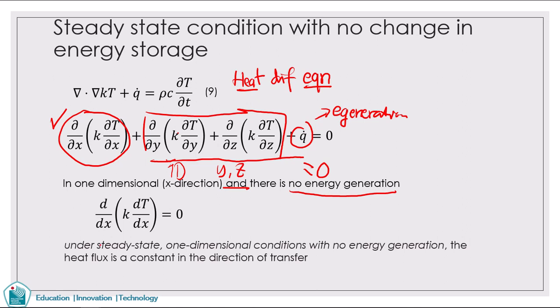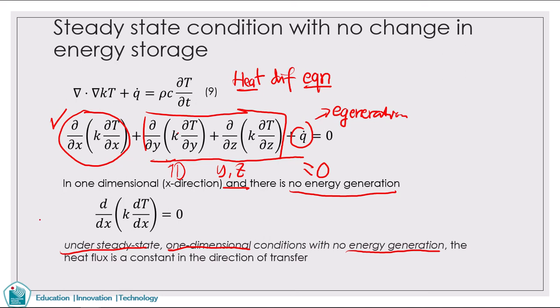Under steady state, one dimensional condition with no energy generation, the heat flux is constant in the direction of transfer. So remember, three conditions: steady state, one dimensional, and no energy generation.